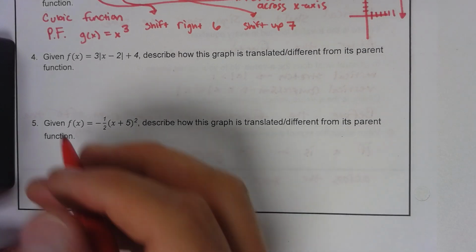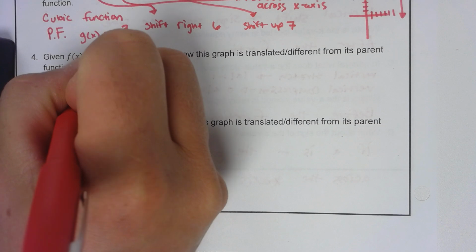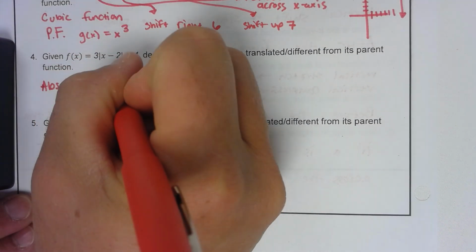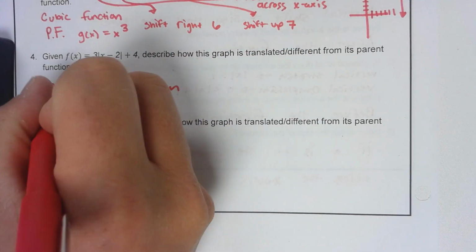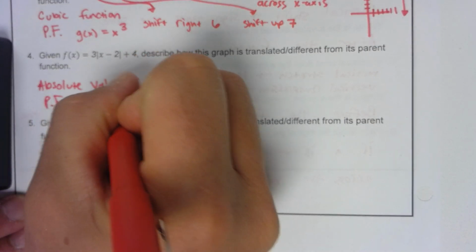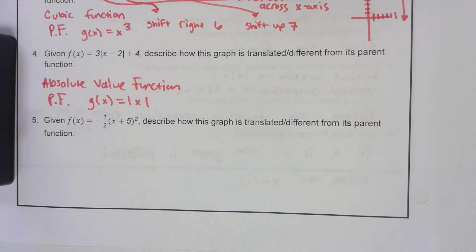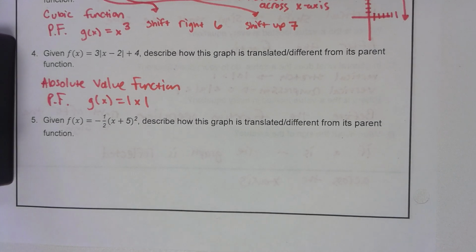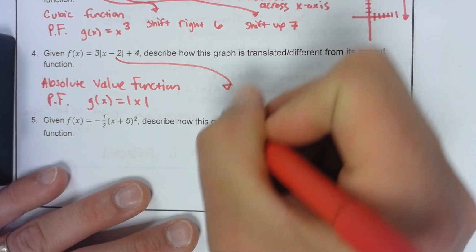We need to first name the function. So this is an absolute value. The parent function is just the absolute value of x. So then everything else does something new to the equation. So this -2 shifts everything right 2.